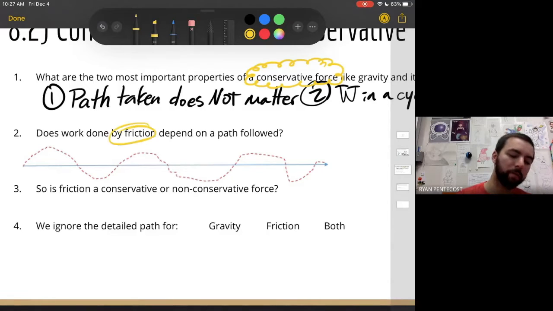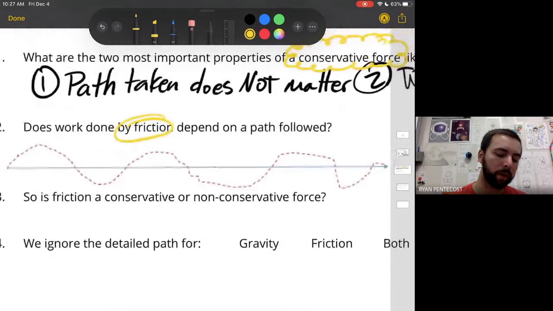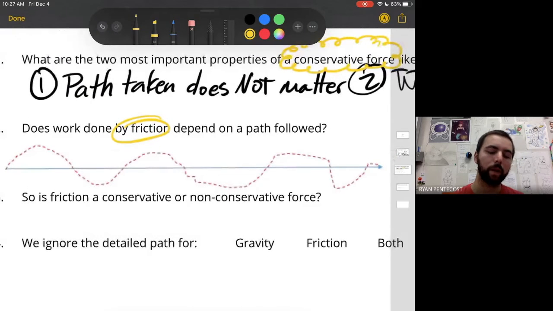Does work done by friction depend on the path followed? Which object lost more energy? Because friction takes away energy, it slows you down. Which object lost more energy due to friction? Well, red will lose more energy.